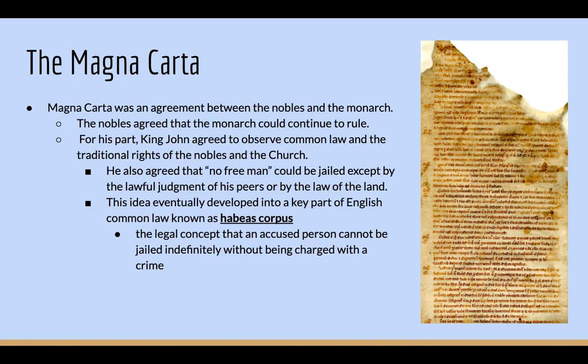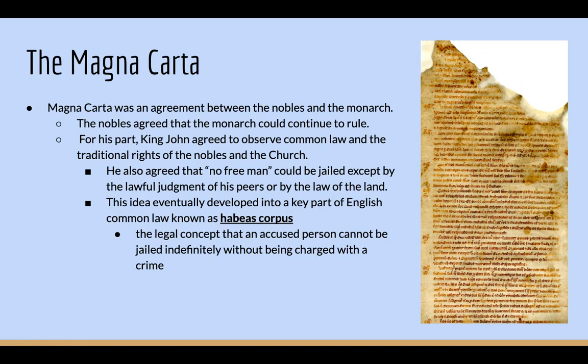He also agreed that no free man could be jailed except by the lawful judgment of his peers or by the law of England. And it's actually this idea that eventually developed into a key part of English common law, which is known as habeas corpus. Habeas corpus is the legal concept that an accused person cannot be jailed indefinitely without being charged with a crime.